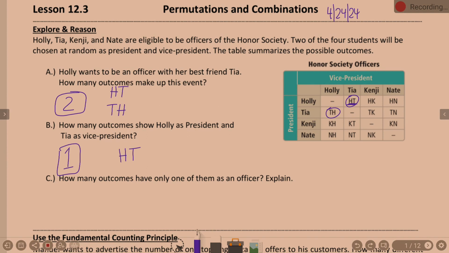How many outcomes have only one of them as an officer? Explain or demonstrate, one or the other. So how many outcomes have only one of them, Holly or Tia, as an officer?